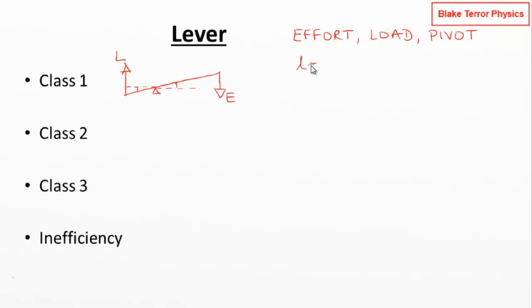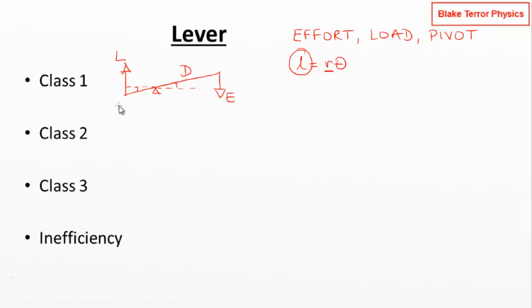Because you think arc length is r times theta. Well, we've got the same theta, we've got the same angle, so we can not think about the arc length, the distance that the forces, the load and the effort are moving through. We can just look at the distance from the pivot point, because these things are proportional to each other.